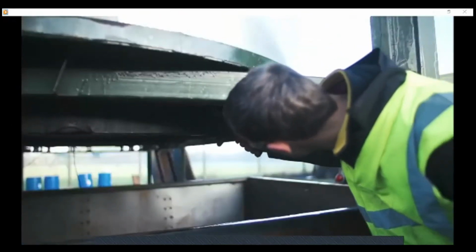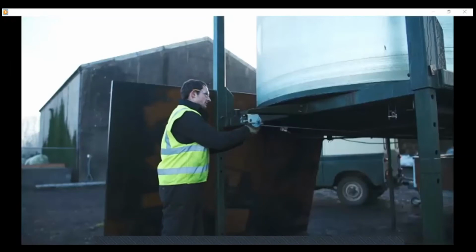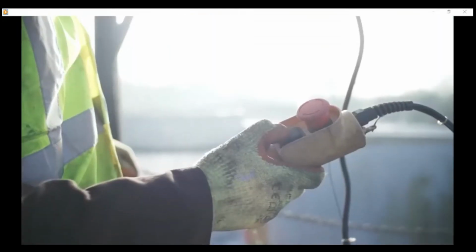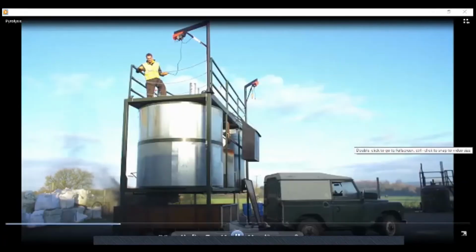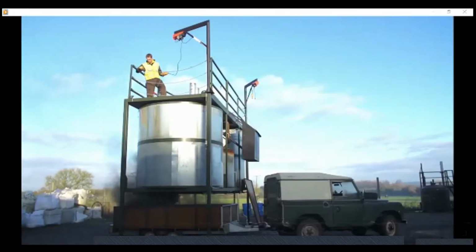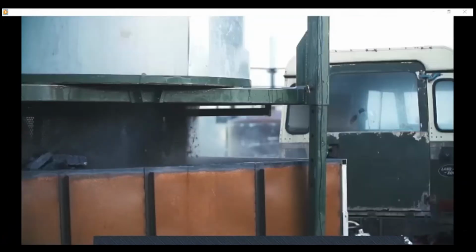This particular kiln configuration consists of 2 kiln chambers and an external combustor, which can yield up to 800 kilograms of biochar per day. It's built into a 20-foot container so that it can be easily transported by lorry to your processing site. The kiln operates a batch process, using the excess heat generated in one chamber to dry feedstock in the opposite chamber. The biochar produced has a high carbon content and is essential for healthy soils and plants.